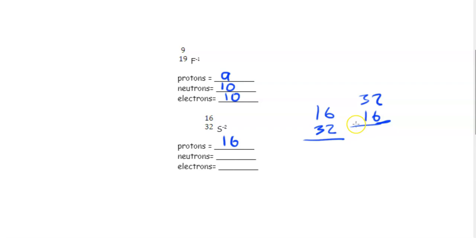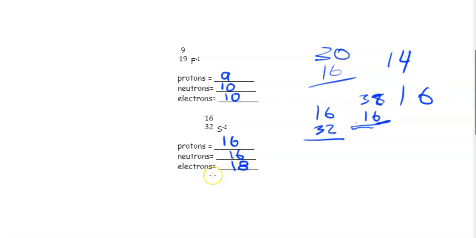Okay, let me just get rid of 30, 16. So 30 minus 16 is 14? And then plus 2, 16. That doesn't make sense! Wait, no, it does! I don't know what you were thinking about, but you got the right answer. Okay, hold on. 18. There you go. I'm smart, I swear.